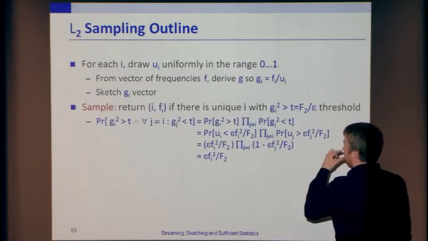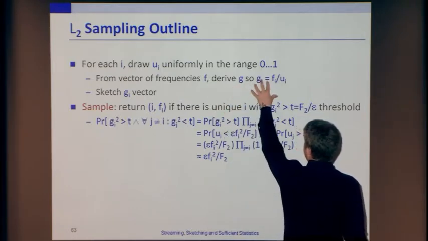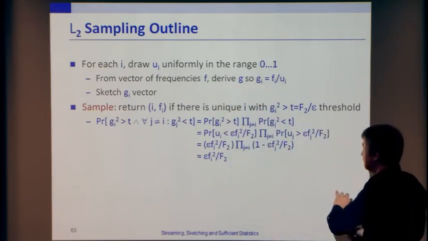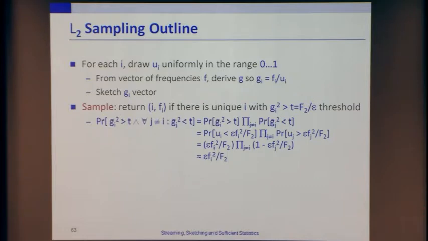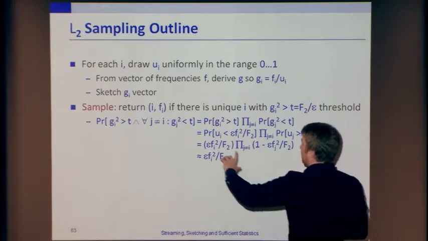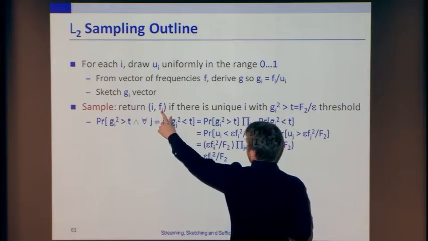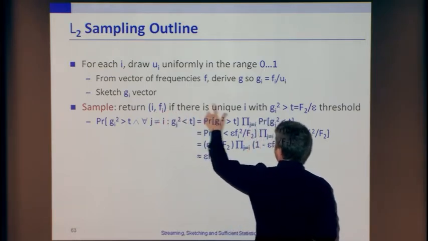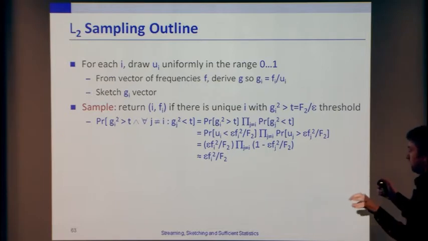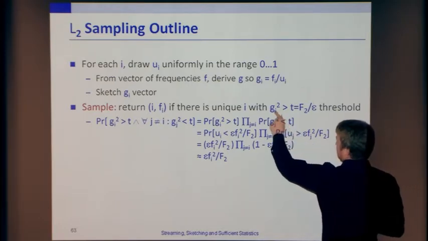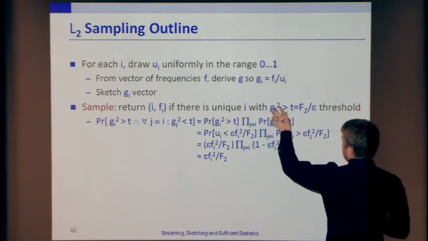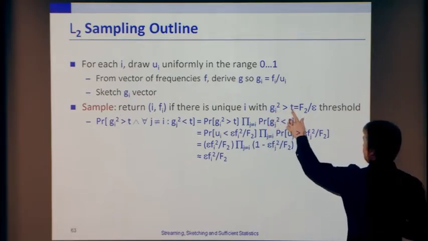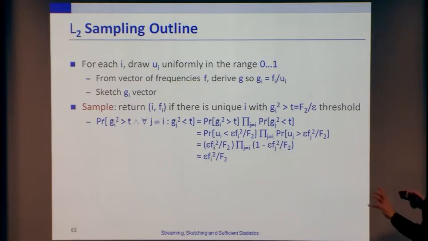So what's the exact process we're going to do? We're going to sketch this vector g and recover the heavy elements of this vector, and return element i and its associated estimated weight if there's a unique i in this resampled vector such that the squared reweighted weight exceeds some threshold t, where that threshold t is F2 of the original vector scaled by 1 over epsilon.